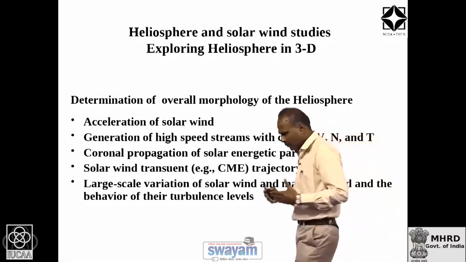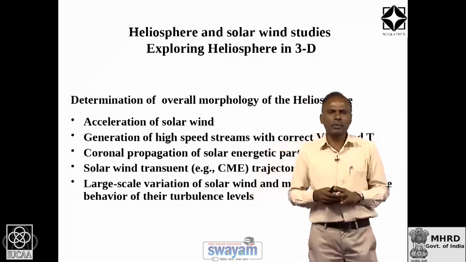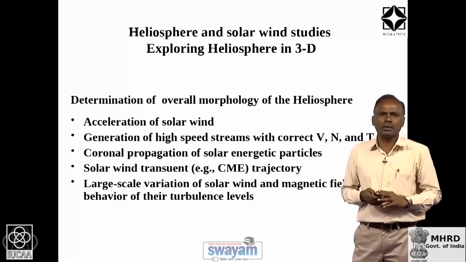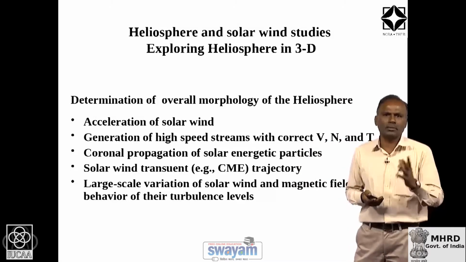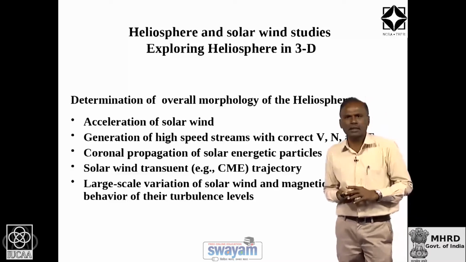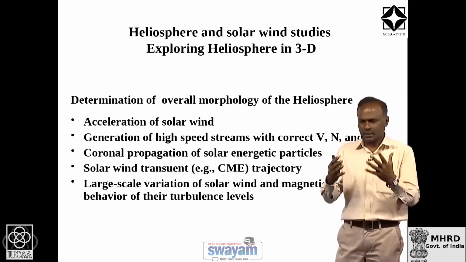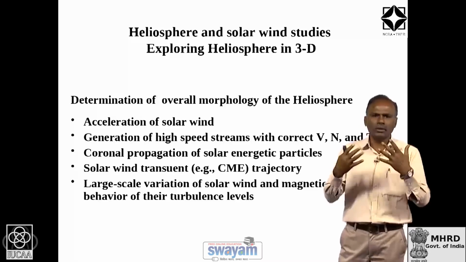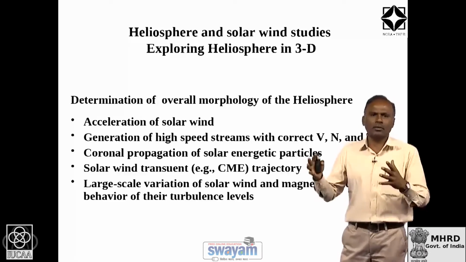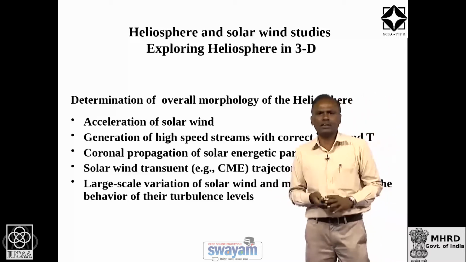Apart from the solar wind, sometimes high speed streaming particles originate from the sun. So, there is the coronal propagation of high speed energetic particles and solar transients, for example coronal mass ejections, CME. How do they originate, and what is their trajectory or propagation path?